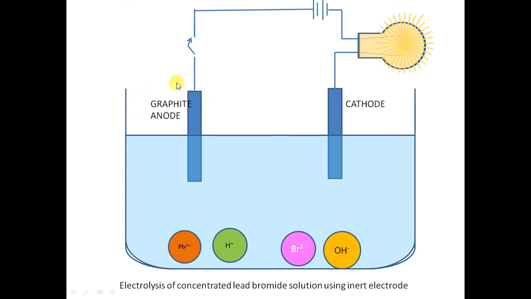Graphite is an inert electrode and therefore does not interfere in the reactions. While using electrochemical series and while using concentration theory, we must see that the anode should be of inert nature.